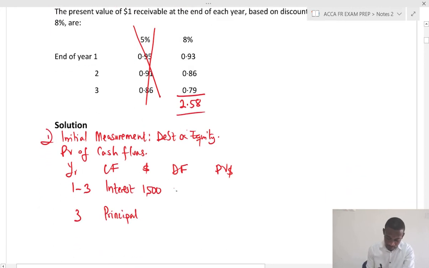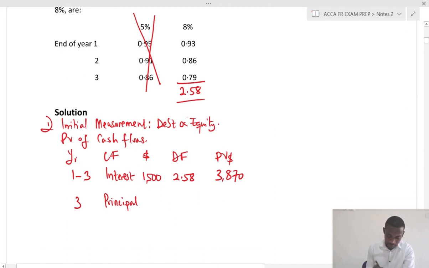So 2.58 times 1,500 gives me 3,870. Then at maturity, the amount, which is 30,000, would have to be discounted using the third year discount factor, which is 0.79. So 30,000 times 0.79 will give us 23,700.